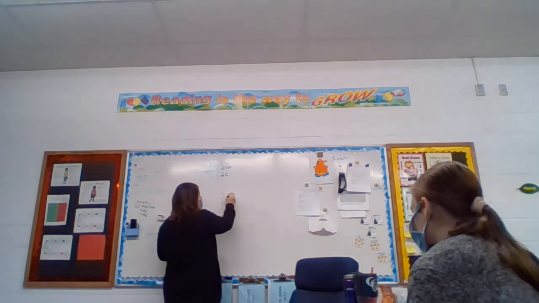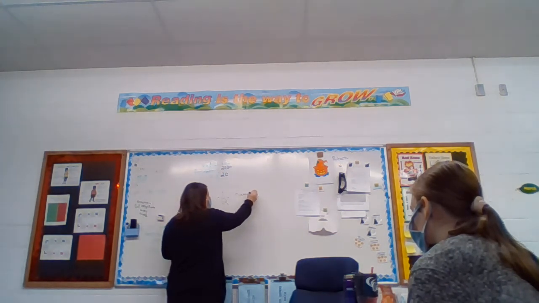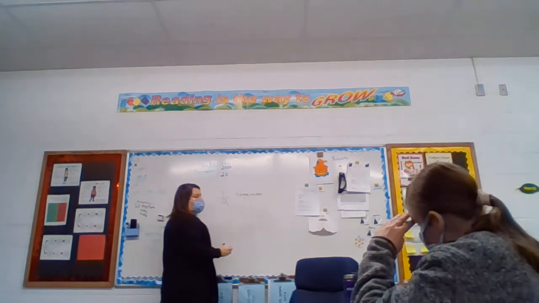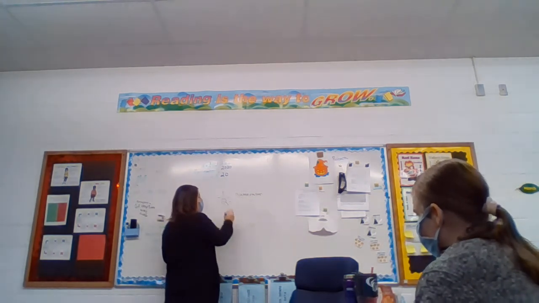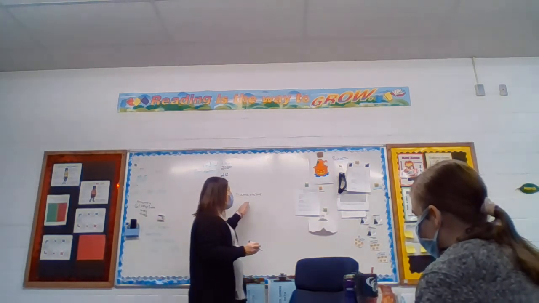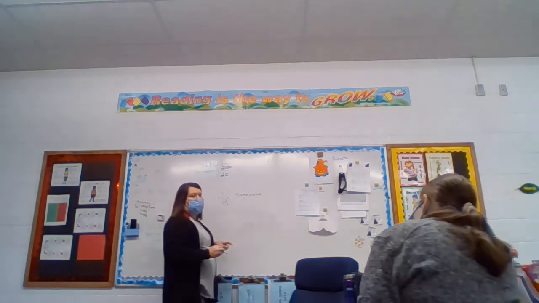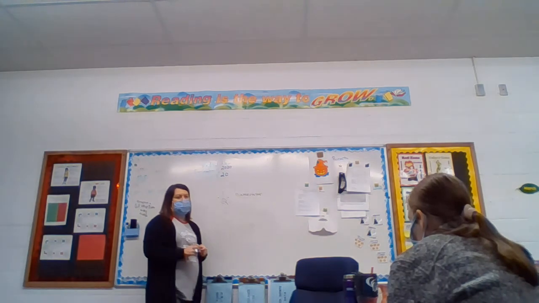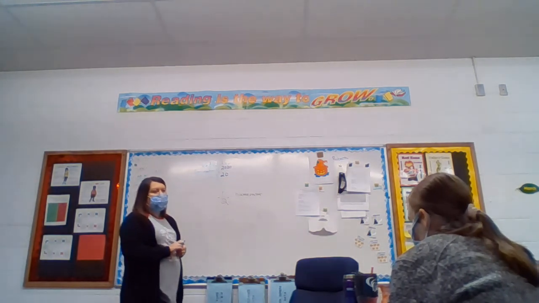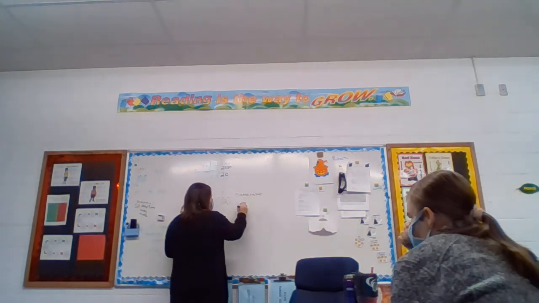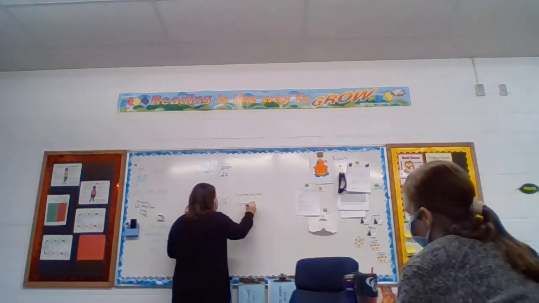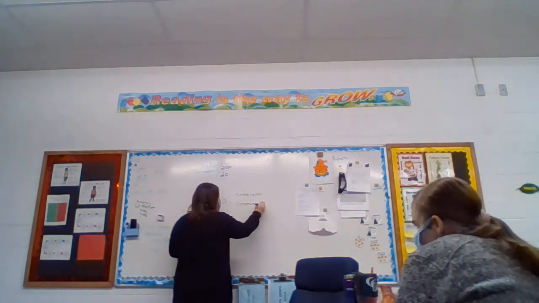So I'm going to put, this is the numerator. The number on the top of the fraction is the numerator. Do you remember what the bottom number might be called? It's similar to numerator. Yeah, exactly, denominator. So we have numerator and denominator.